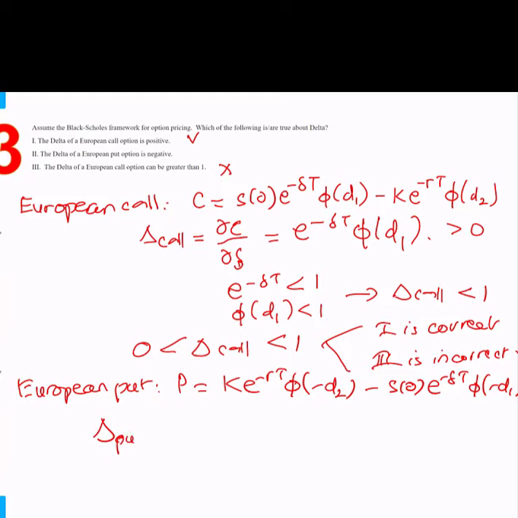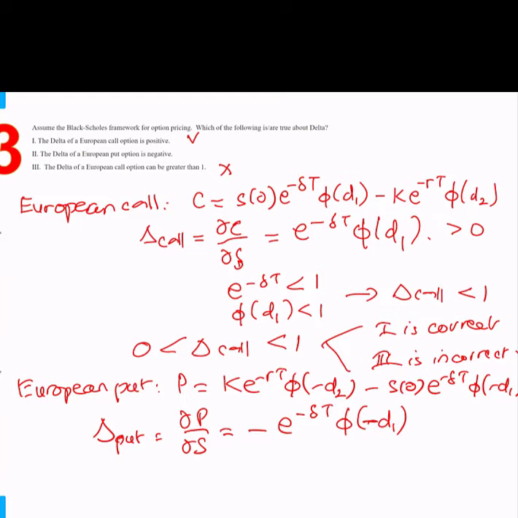If we find the delta of the put, we differentiate with respect to the stock price, partial P over partial S, and we get minus e to the minus delta T phi of minus d1.